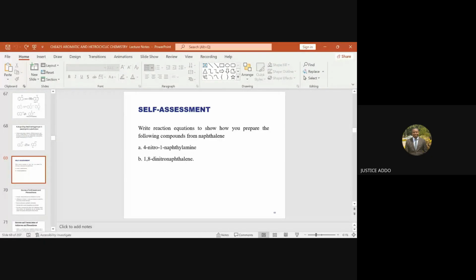So you just show an arrow, and then you bring HNO3/H2SO4. And that will mean you are introducing a nitro group, NO2, at the position 1 of naphthalene. And I'm sure you know position 1. So put nitro NO2 group on position 1. And that will be nitronaphthalene or 1-nitronaphthalene. Please do that, and then quickly let's move on.